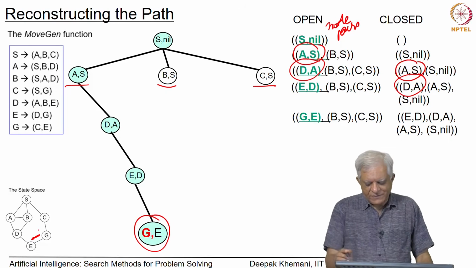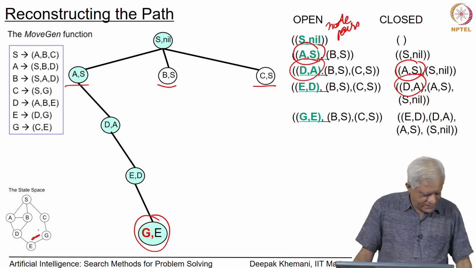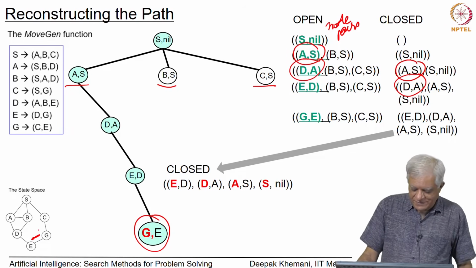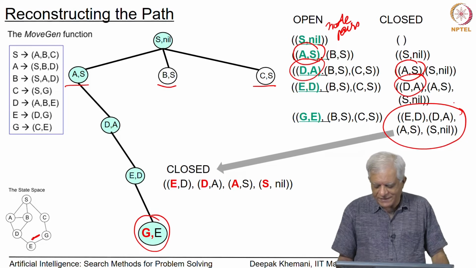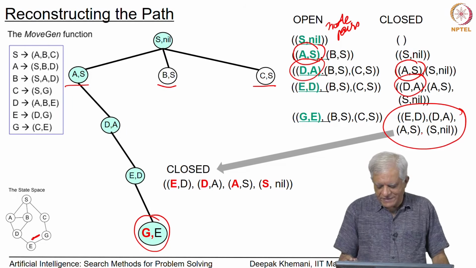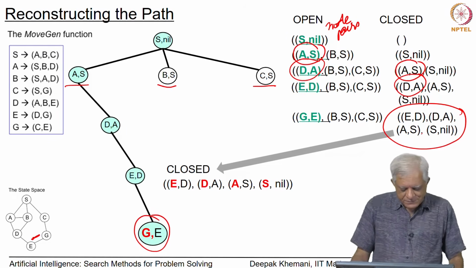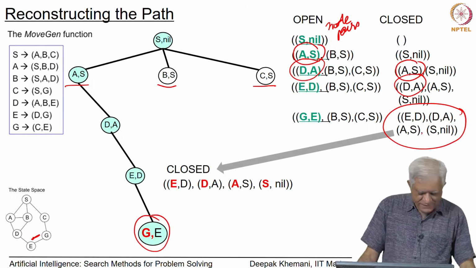But now, thanks to the fact that we have stored these node pairs, we can reconstruct the path. We take this closed list, at the point where we find the goal node G. At that point, closed contains these 4 pairs: ED, DA, AS and S nil. Now, we can simply reconstruct the path.